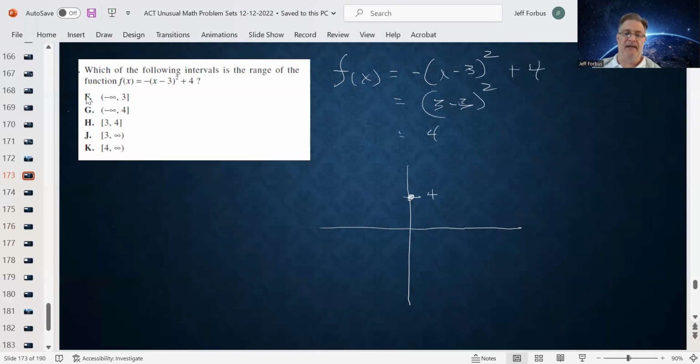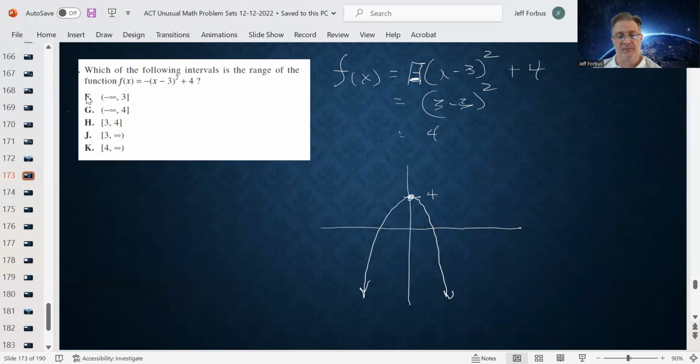And because of the negative sign right here, it's going to turn our graph downward like this. So therefore, we're going to have all of these numbers from 4 and decreasing as part of our range.